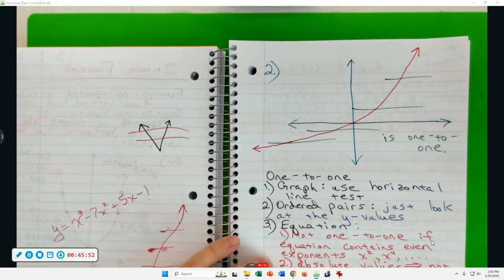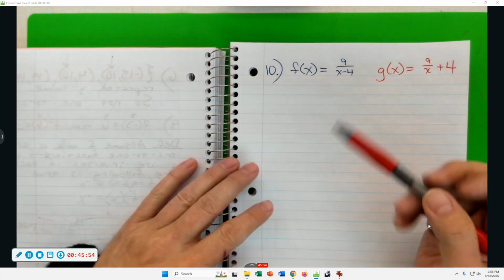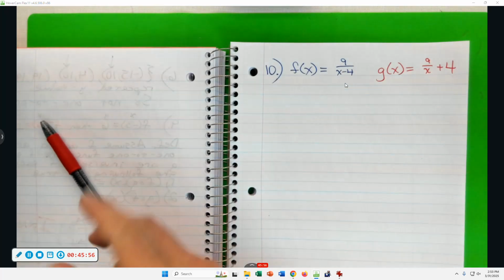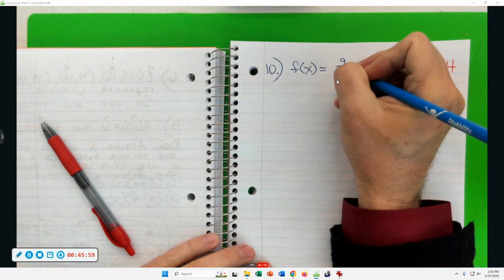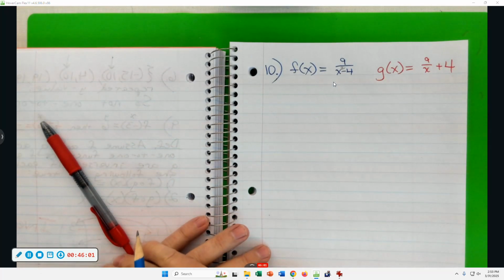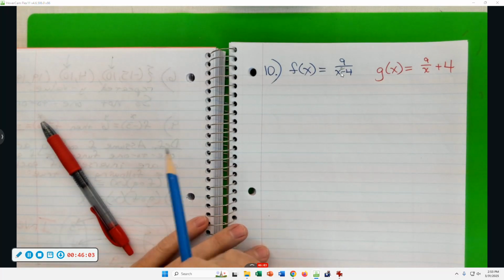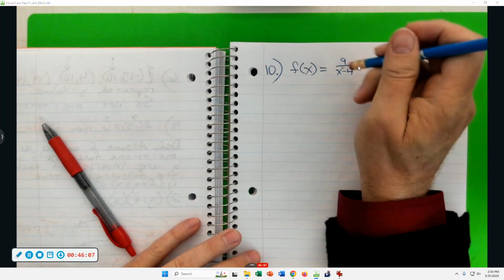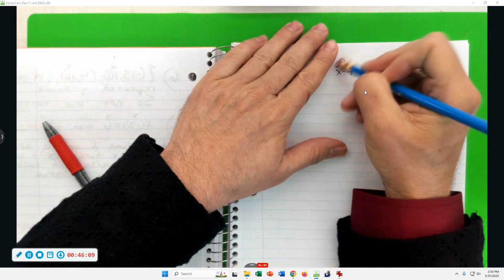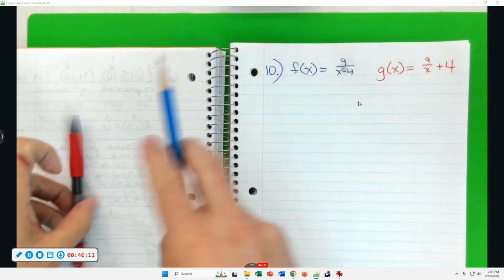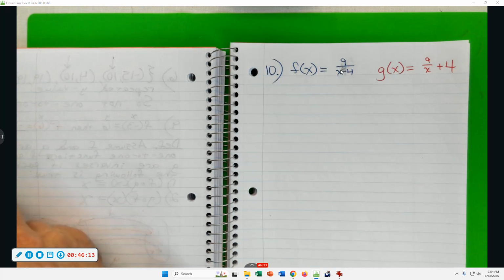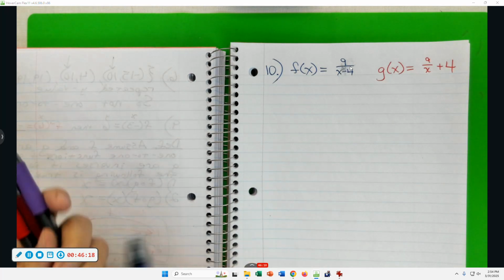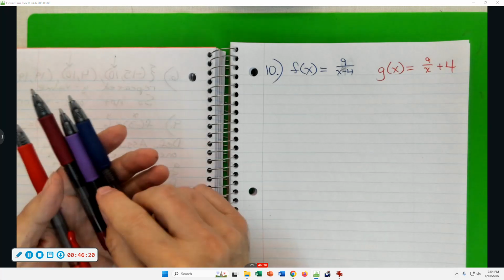If they're absolute values, too. I don't see any even exponents. If that had been an x squared, then it's not 1 to 1. Even exponents are what causes all the problems.